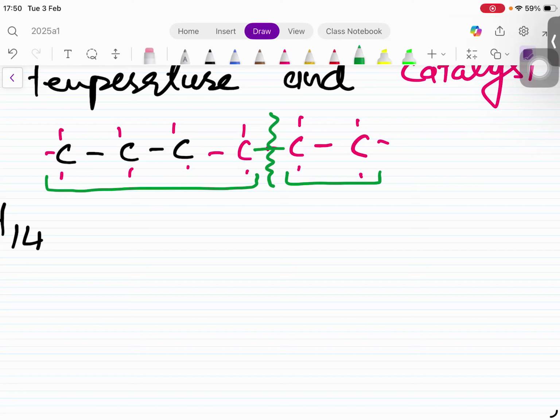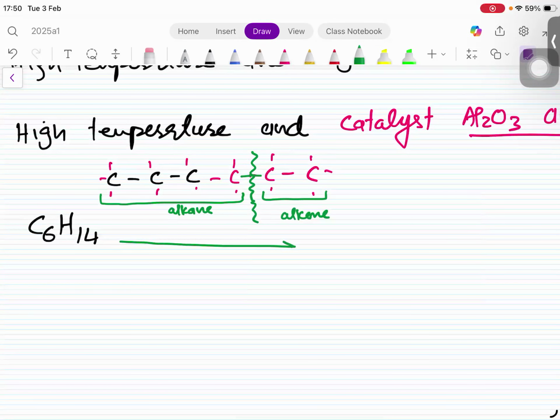Now, let me tell you one thing. If an alkane cracks, the product is not alkane only. The product contains a mixture. The mixture of what? Alkane and alkenes both, right? For example, if this is the shorter alkane, the other fragment could not be an alkane. The other fragment must be what? Alkene. So when C6H14 cracks, what are the two products formed?